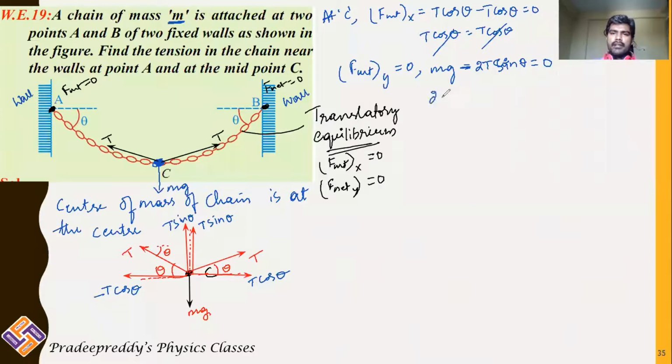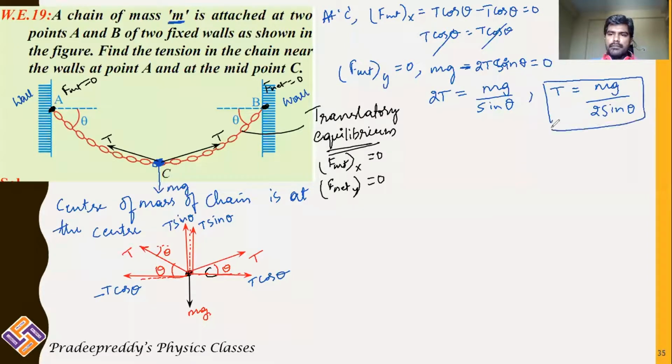From this you can write 2T sin theta is equal to mg, so tension in the string will be mg divided by 2 sin theta. This is tension T at point C.